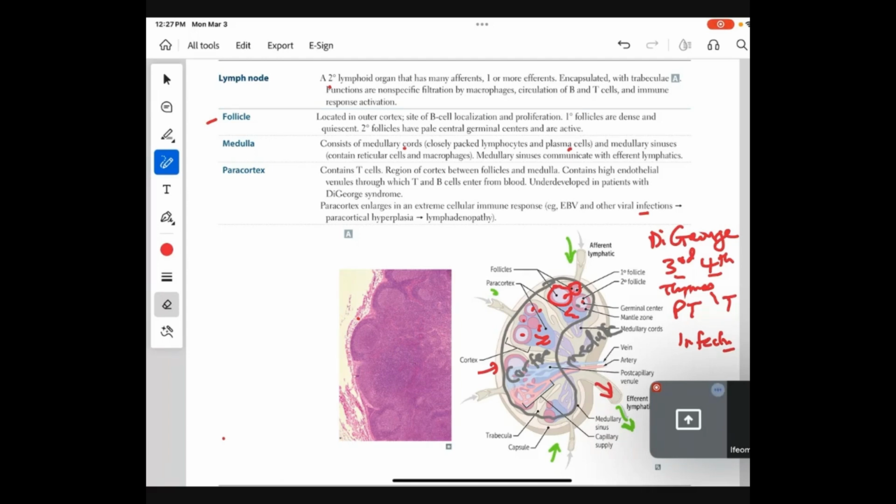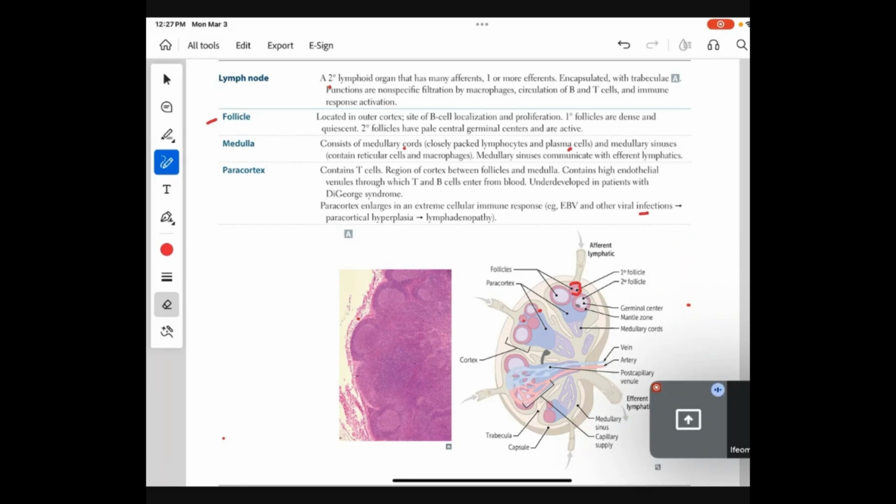All right. We have the secondary lymphoid organs, which is where the B and T cells will interact with the foreign antigens, like the battle stations where your troops will be deployed to fight against foreign invaders. Okay. The secondary lymphoid organs are the spleen, lymph node, adenoids, Peyer's patches, tonsils. But for now, for Step 1, spleen and lymph node.